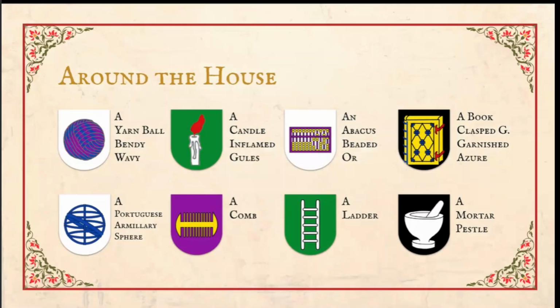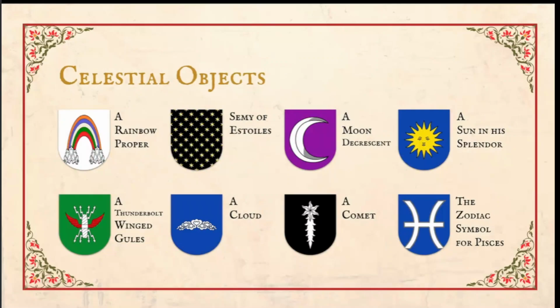Ladder, mortar and pestle. Celestial objects, very big in heraldry as well. Rainbows, starry night, clouds. The clouds are kind of a weird little wonky wobbly thing, but that's what a medieval cloud looked like. The thunderbolt is a symbol of Zeus, and it is a very specific thing. I always kind of thought it looked like a cigar, but that's there.